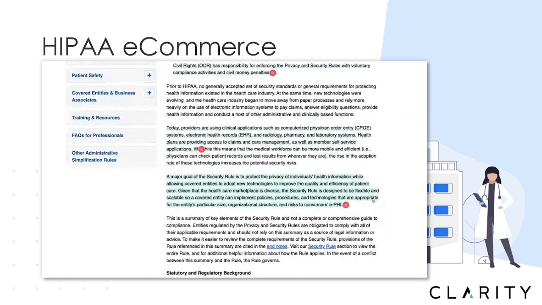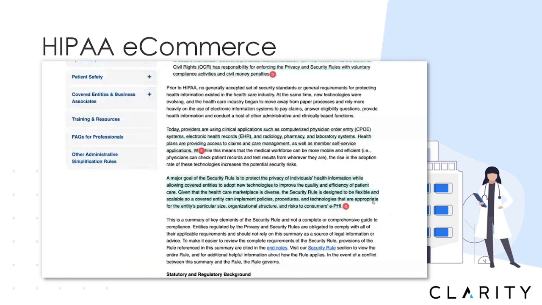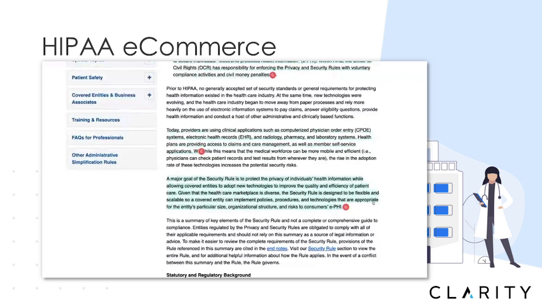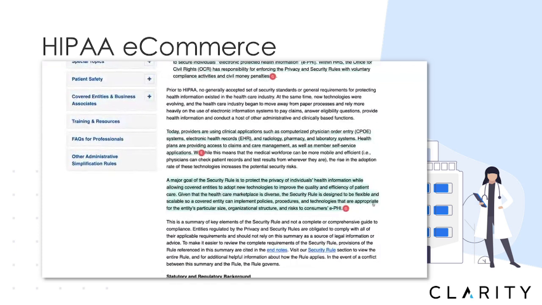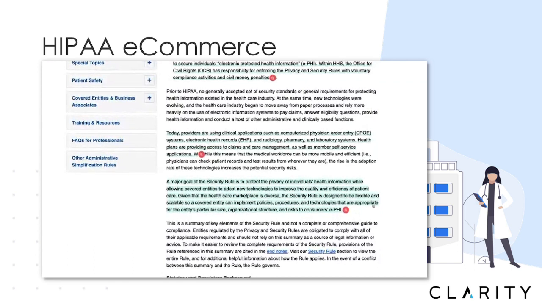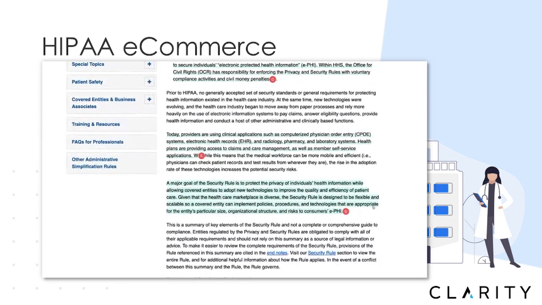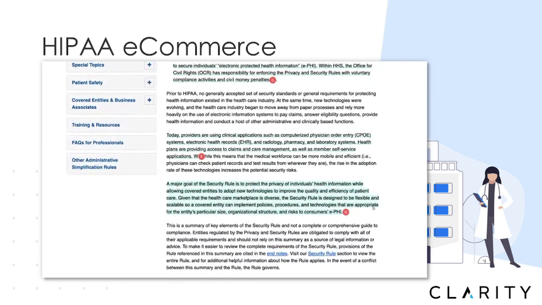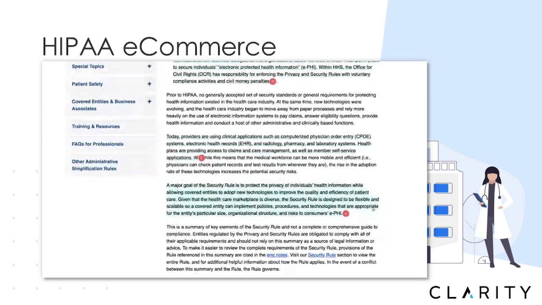Now, this is really important because what they're doing here is giving you a spectrum that you're going to be operating within. It goes on to say that given that the healthcare marketplace is diverse, the security rule is designed to be flexible and scalable. So a covered entity can implement policies, procedures, and technologies that are appropriate for the entity's particular size, organizational structure, and risks to consumers' EPHI.